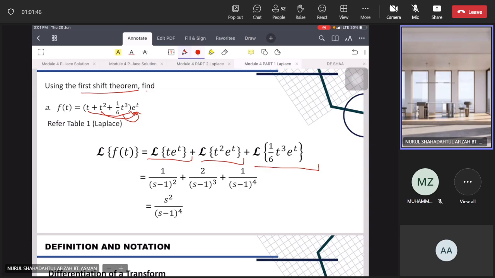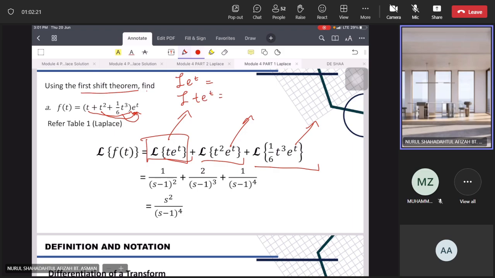And then this one, you're referring to D. I think this already simplified the answer. This one is the same; you need to find each of it. For example, t e^t: find the Laplace of t first, then you find the Laplace of t e^t.